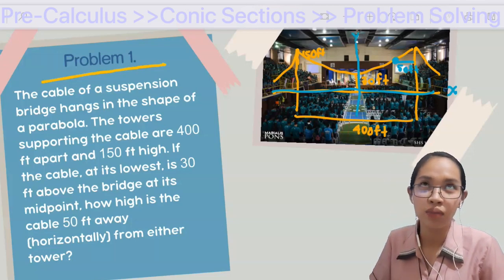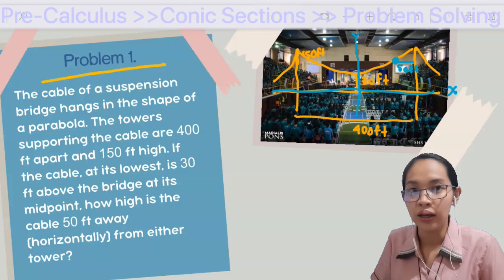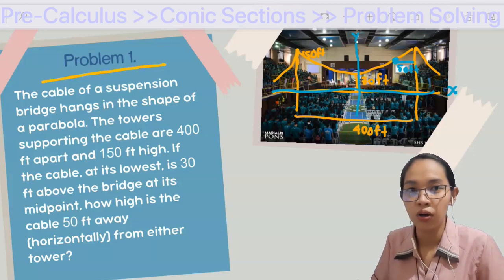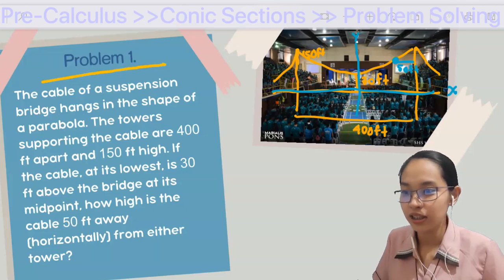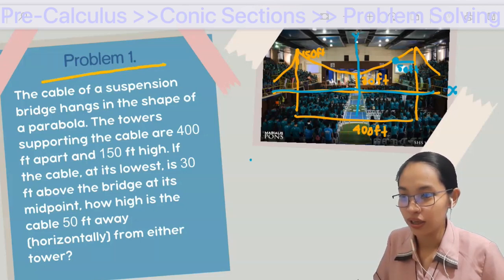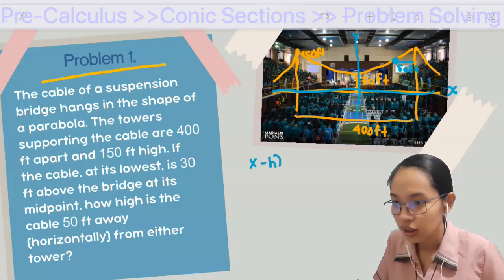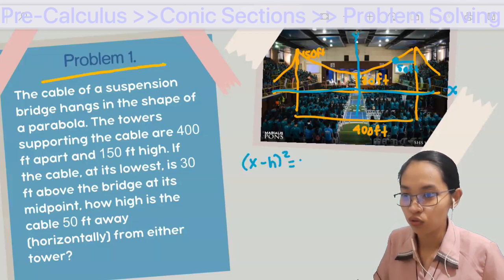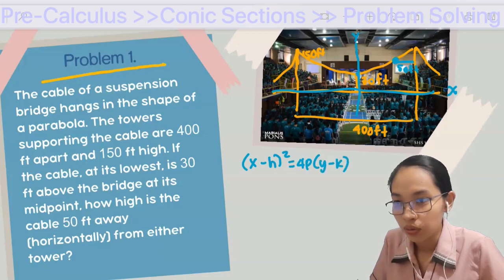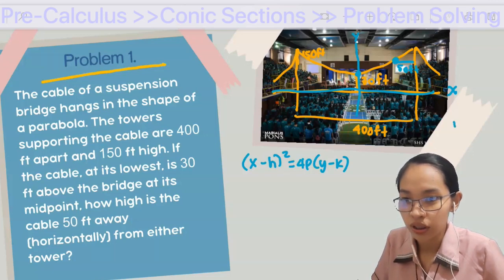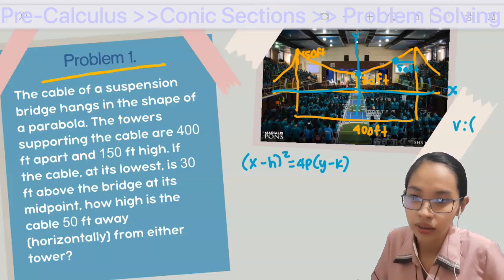Since we have a background about parabola, we know that if the parabola opens upward and the vertex is located at any point, the general form of the equation is (x minus h) squared equals 4p multiplied by (y minus k). Since this point will be considered as our vertex, the given vertex is located at (0, 30).